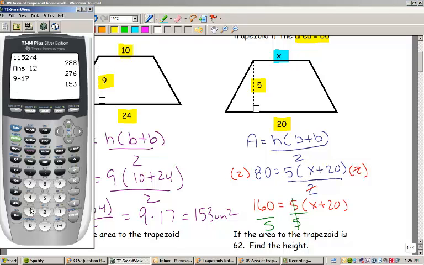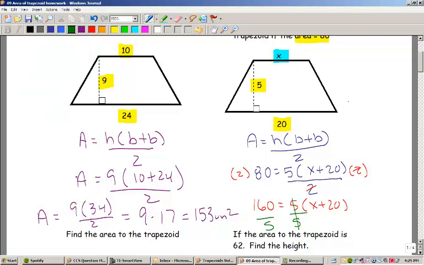And then 160 divided by 5 is 32. So right now I have 32 is equal to x plus 20. Subtract 20, subtract 20. And I finally get x to be 12. And again, we're talking about the length, so we should just be talking about units. And that's the answer there.